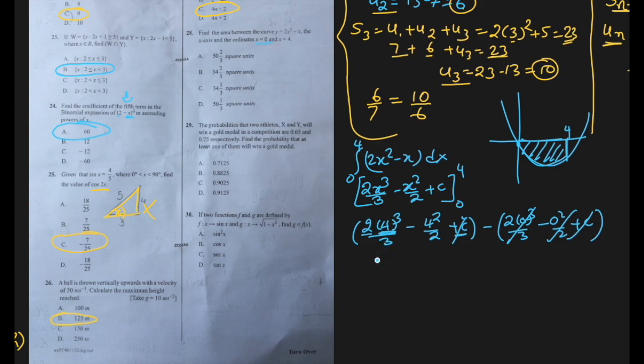64 times 2, 128 over 3 minus 16 over 2. Can we? Yes, you can use your calculator. I'm just doing it mentally.